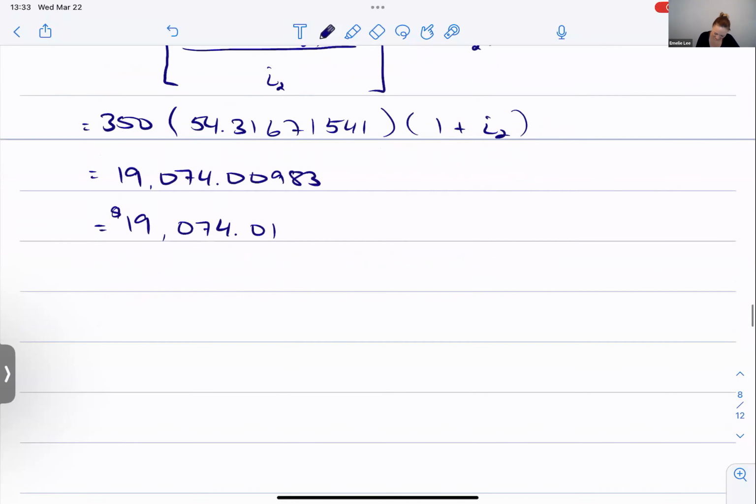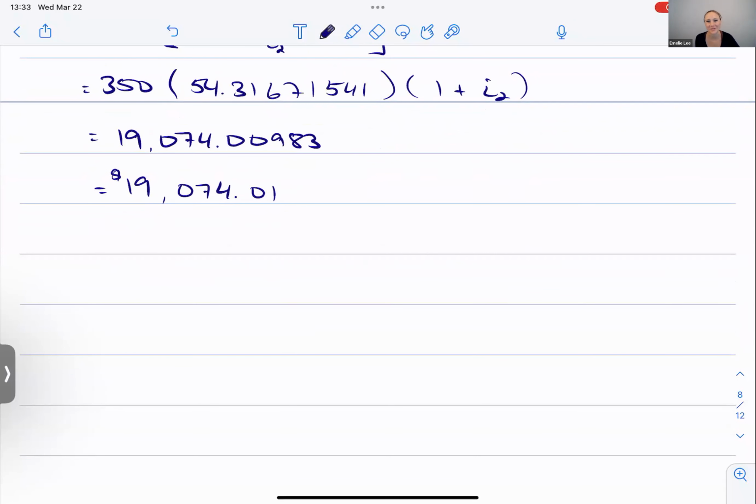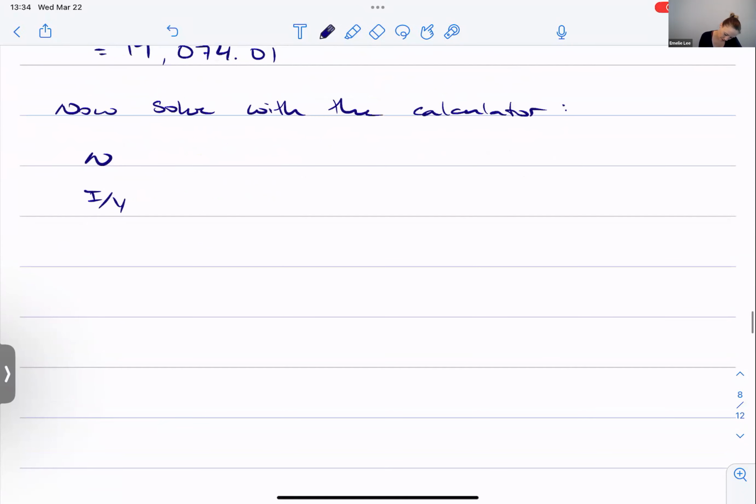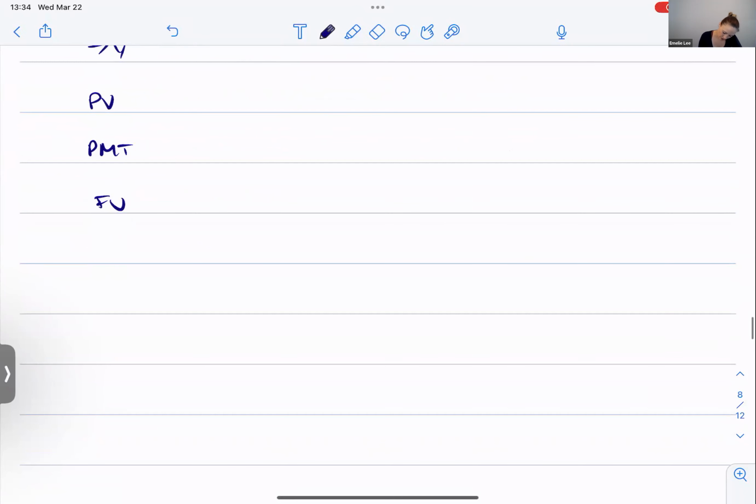Now let's use the calculator. And I promise it'll be a lot easier and a lot quicker. The longest part is writing out the entries that you need. So now solve with the calculator. N, interest per year, present value, PMT, future value, payments per year, compoundings per year, beginning or end.